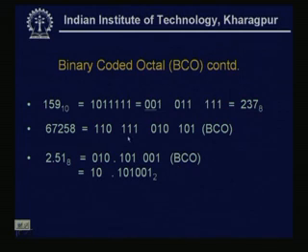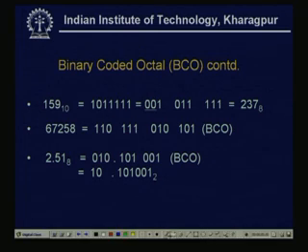Now, again we take some other examples. This is 159 in the decimal number system. First this is converted into binary, that is 1 0 0 1 1 1 1 1. Now, as it is binary, I am actually doing the reverse thing, binary to BCO.